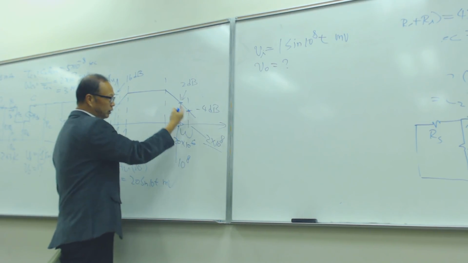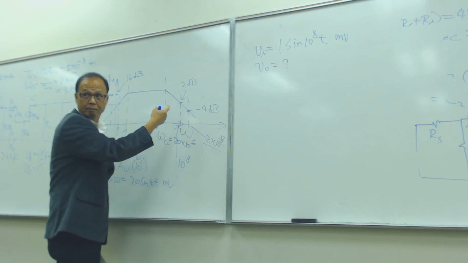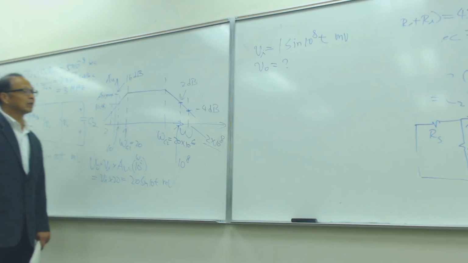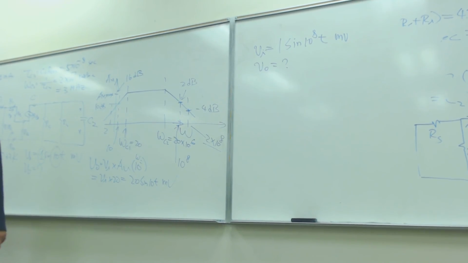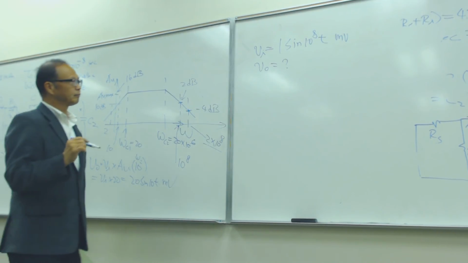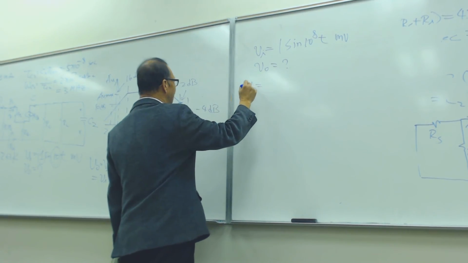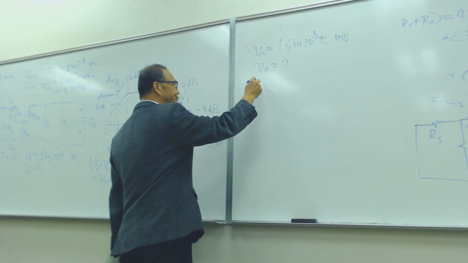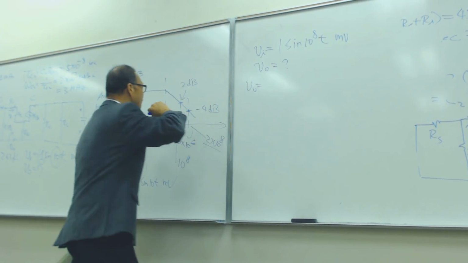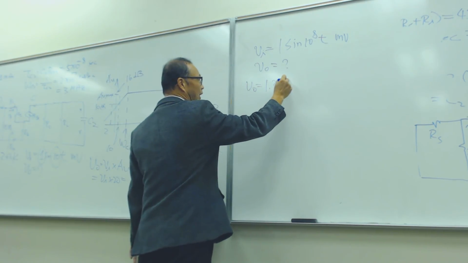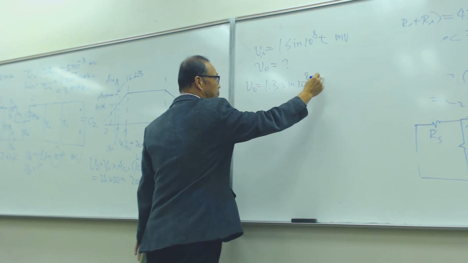And this is 6 dB, so 6 minus 4 will give you 2 dB. What is 2 dB in the real number? Like 1.3? Good, thank you. 1.3 sine 10 to the 8 t millivolts.